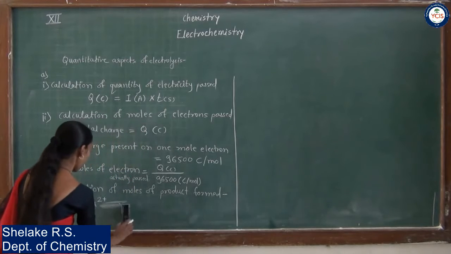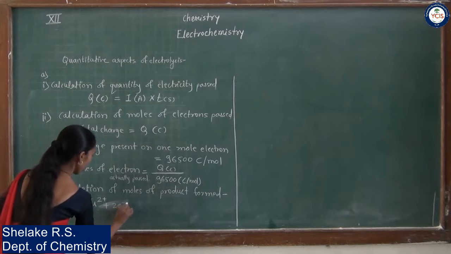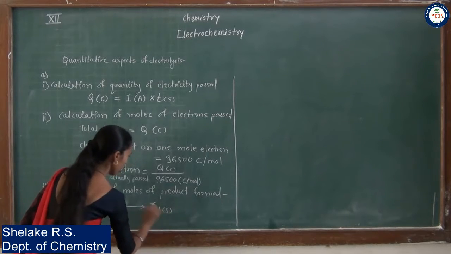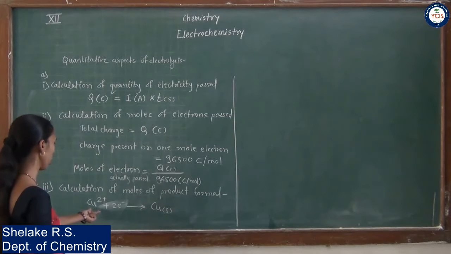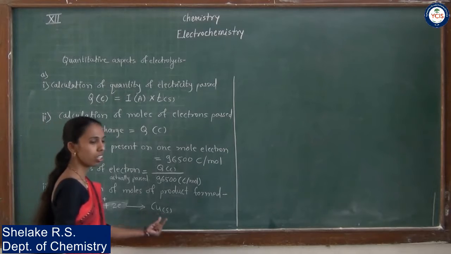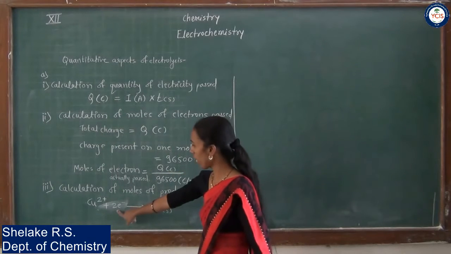Copper ion, with the gain of electrons, will form copper which is in a solid state. So when you are taking the copper ion, you will get the copper in a solid state. For that we require 2 electrons.